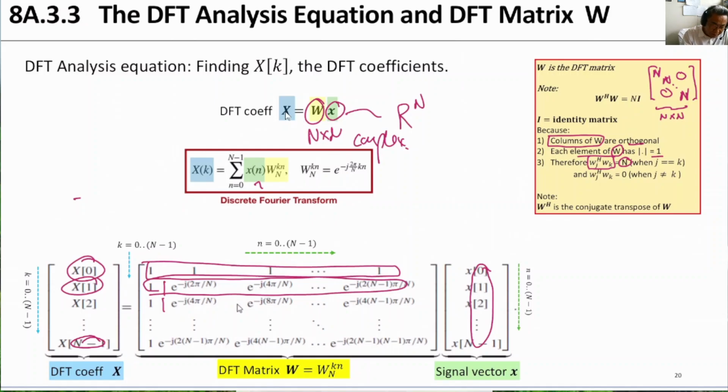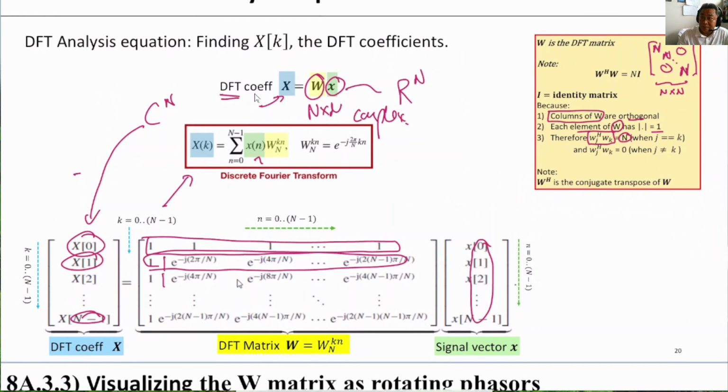And out come the DFT coefficients, typically called big X. This vector is complex and has dimension N. So this is the DFT coefficients on the left, and this is how we calculate it when we multiply the matrix by this vector. This is the compact representation that you find in most books, and I've color-coded yellow, green, and blue for you to see the three different forms.